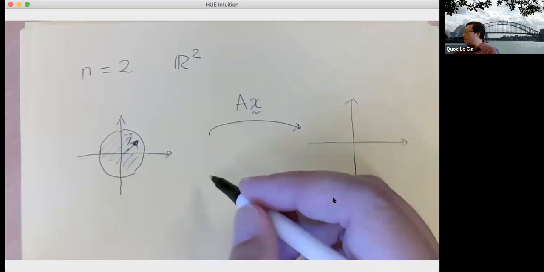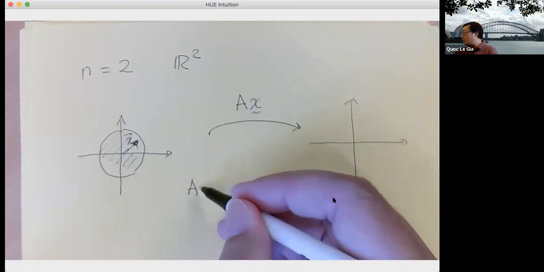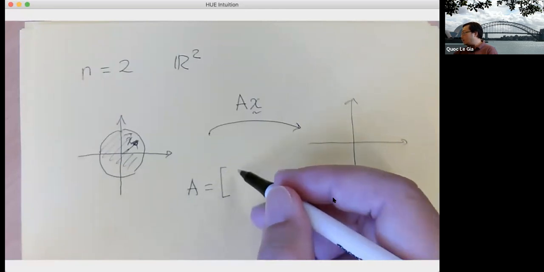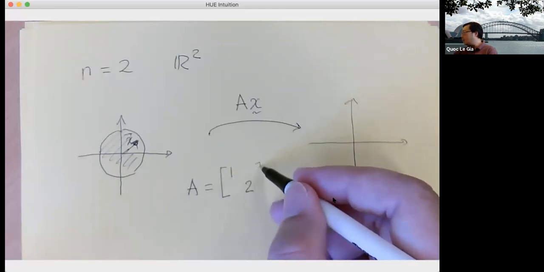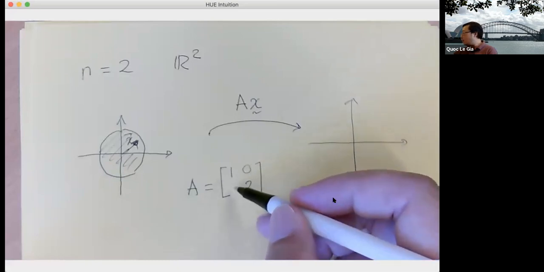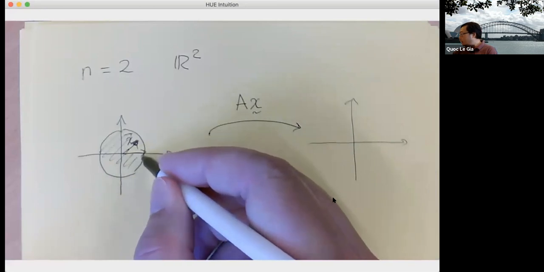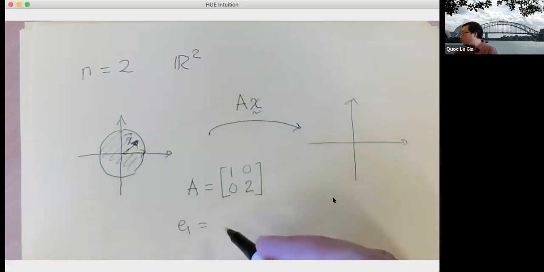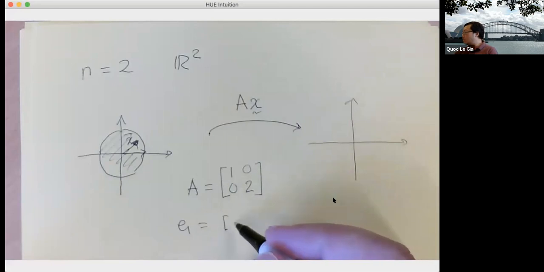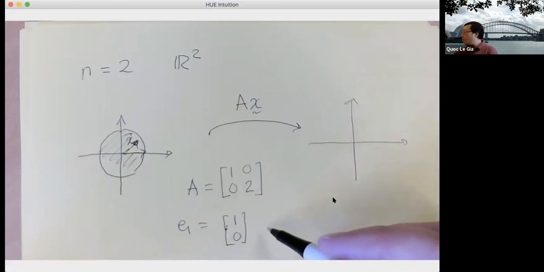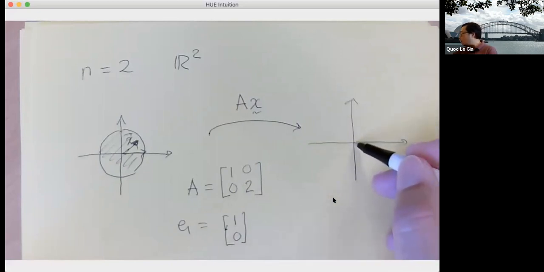Okay, so maybe let me make it a bit more concrete, yeah? Suppose I take A to be, say, 1, 2. This one is just a diagonal matrix, okay? If I take the vector E1, so now this is your linear algebra, yeah? E1 is just 1, 0, okay? Then AE1 will be right here. So this one is AE1.